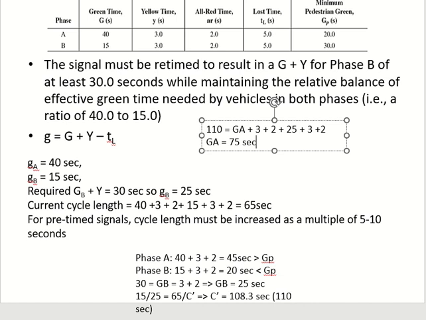We will take the ratio for the effective green time, which are the same in this case. But the ratio is for the effective green times. First of all, I will calculate the total effective green time. Total effective green time equals to what?